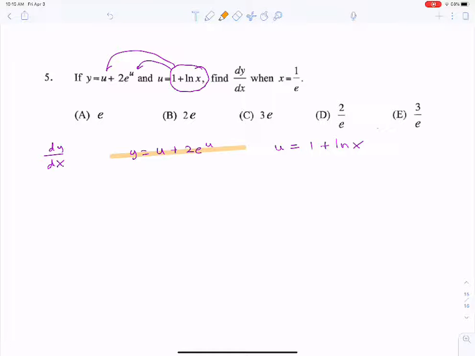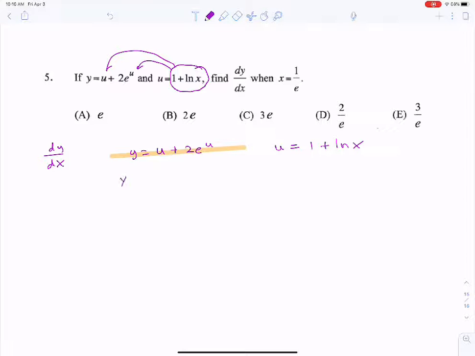Now remember, in the end I have to take the derivative with respect to x, so I'm going to keep that in mind. Let's take the derivative. Since I'm doing it with respect to x, I think this will be a little bit easier.